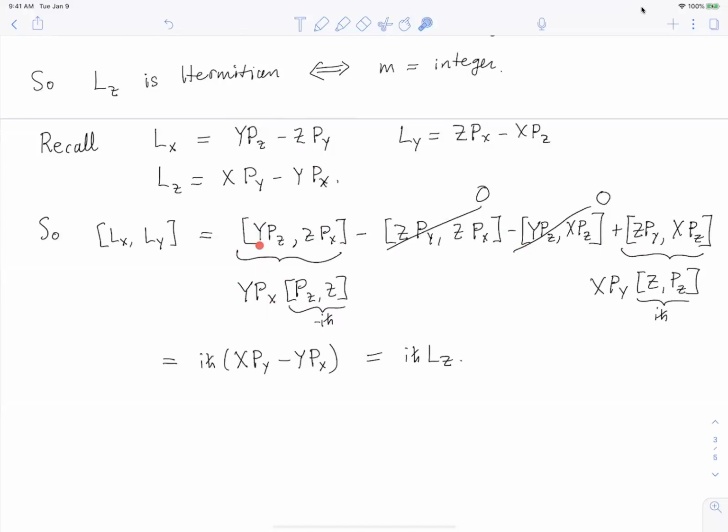So y doesn't care anything about the coordinate z or the coordinate x or its momentum. They're completely independent from each other. That's right. So that's why anything with just y in it commutes with anything involving z or p sub z. They just commute with each other. The only things that don't commute are z with p sub z, and that p sub z commuted with z is minus i h bar, and here it's plus i h bar because it's the other way around.